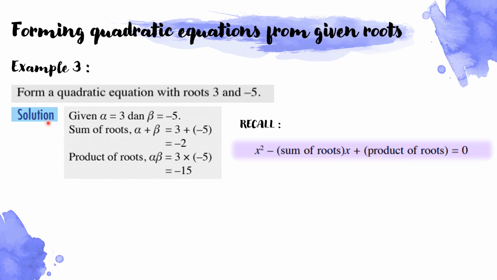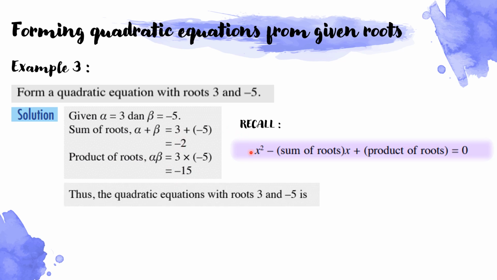So you need to add the roots alpha and beta. If we add 3 and negative 5, we get negative 2. And for the product of roots, multiply alpha and beta, 3 times negative 5, we get negative 15. So just put the values into this.